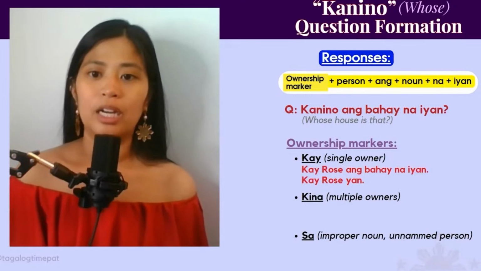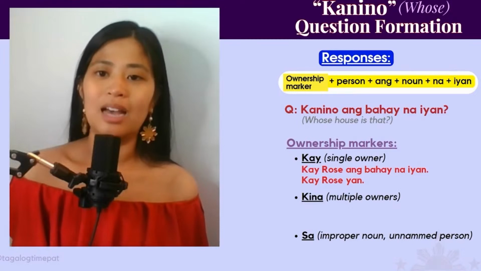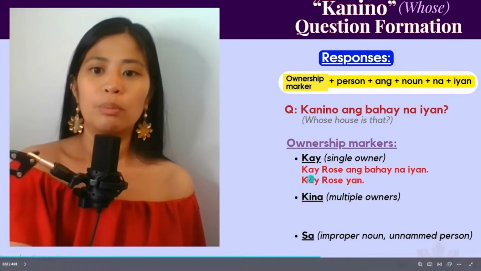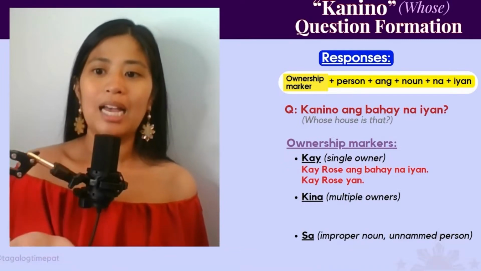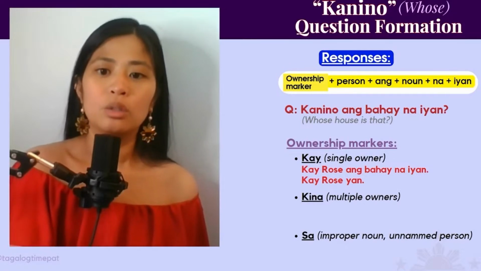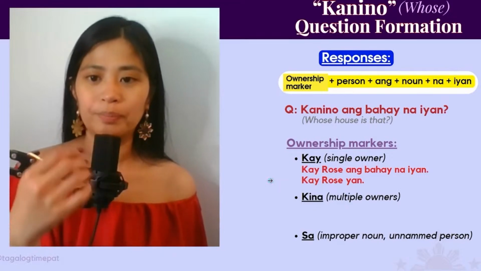So an example here, kanino ang bahay na iyan? Whose house is that? Or kaninong bahay yan? If it's just one person, it would be kay Rose ang bahay na iyan. Kay Rose yan. So we are using kay because it's just Rose. It's just one person, Rose.